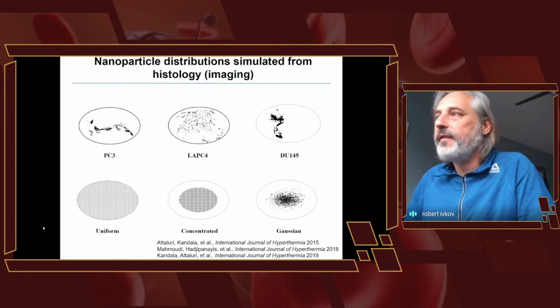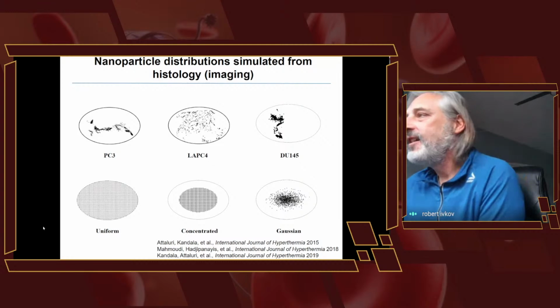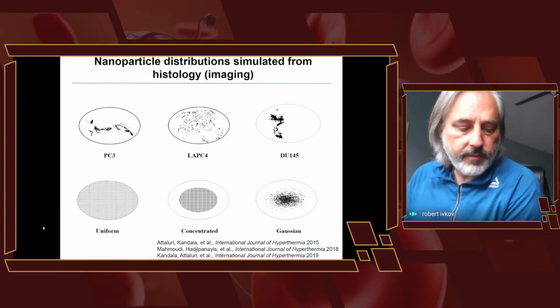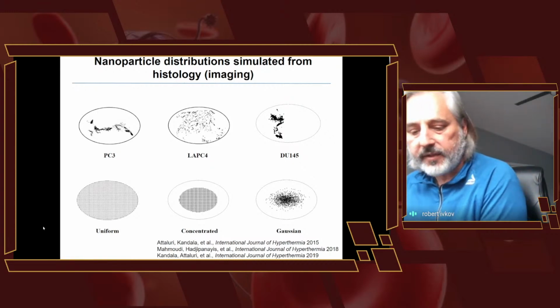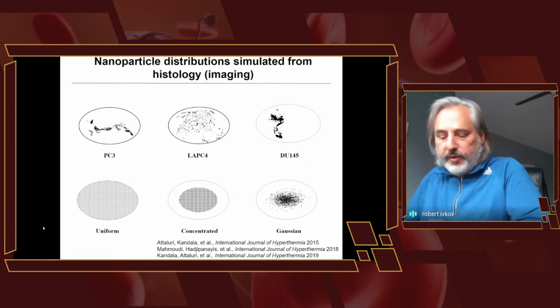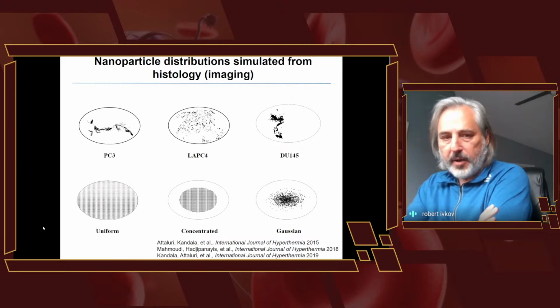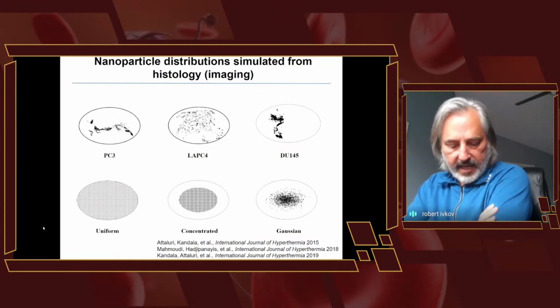For those of you who are immersed in heat transfer, I'll show you some data with this next slide, but the short response is that aggregates of nanoparticles are going to generate higher heat.